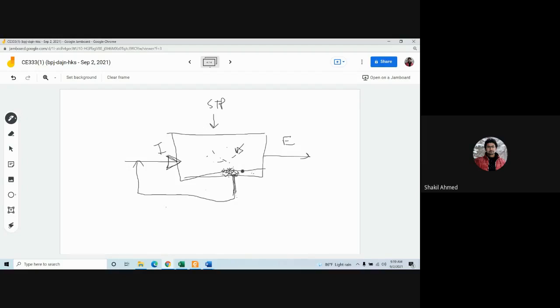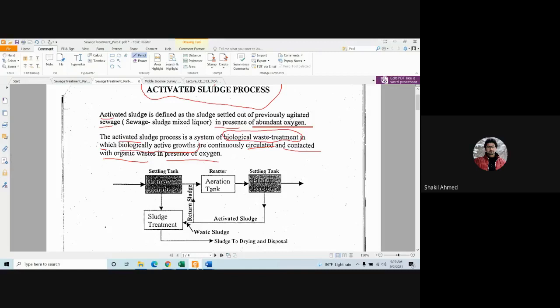Why? Because you are mixing this sludge and this sludge is activated. What does it mean by activated? It means that it has lots of bacteria which will help to oxidize this organic matter.